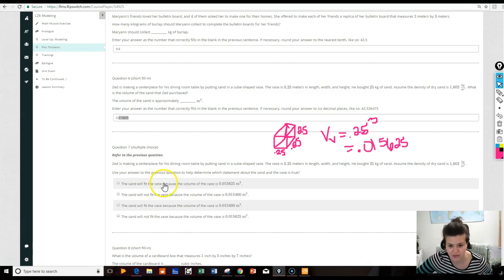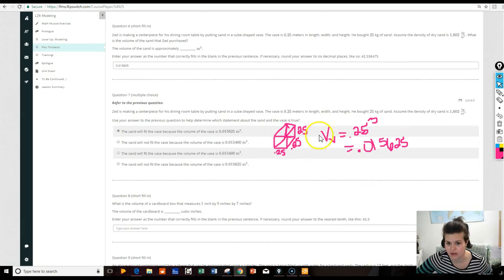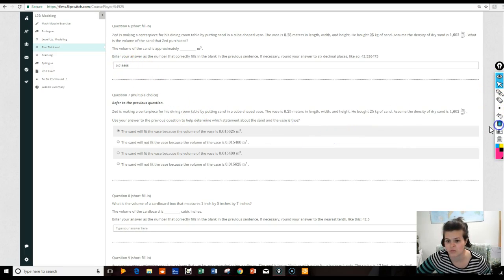So the sand will fit in the vase because the volume of the vase is 0.015625 meters cubed. So yes, it will, and since the volume of the cube is greater than the volume of our sand, it will fit.